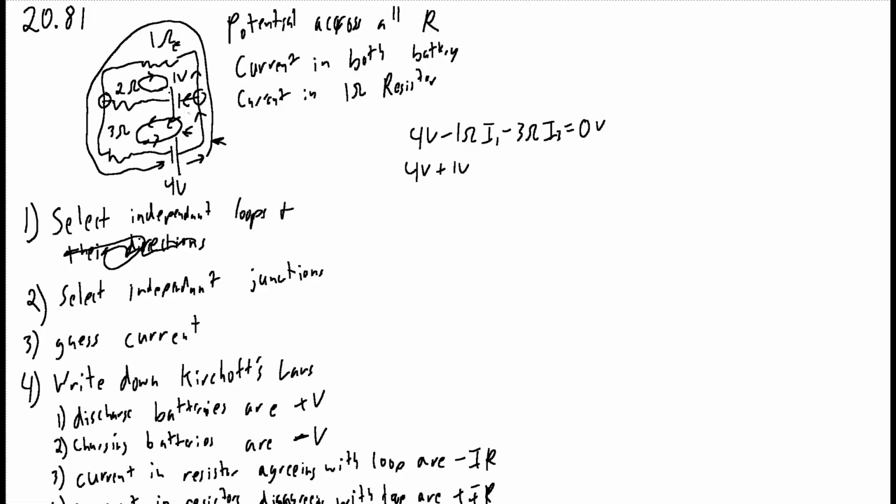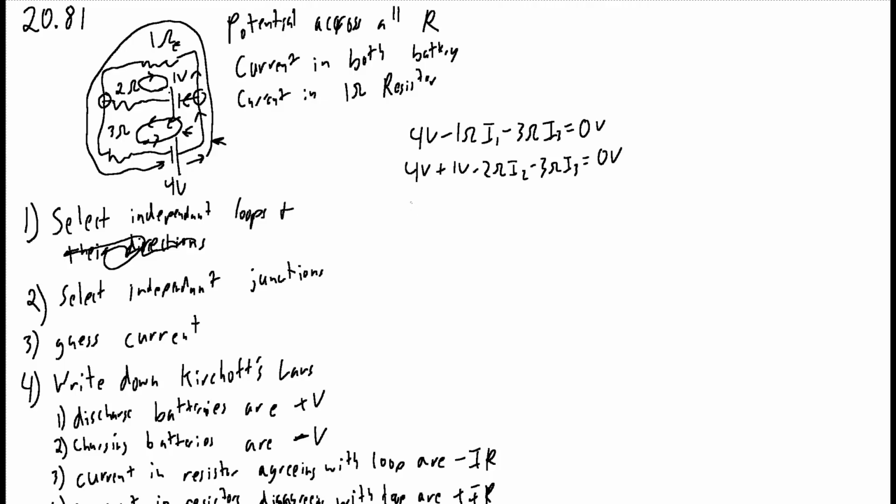Then we go through the 2 ohm resistor, minus 2 ohms I2, and we come back down through the 3 ohms again, minus 3 ohms I3 is equal to 0 volts. So in this particular case, all of our resistors, the current I'm supposing is also agreeing with the direction when we went through our loops. That's fine.